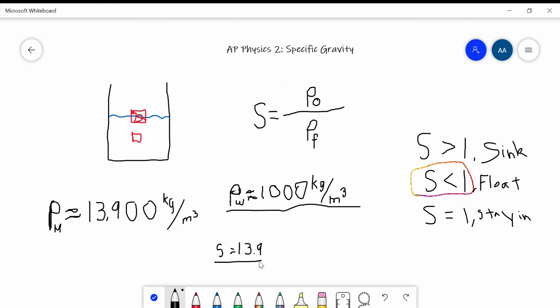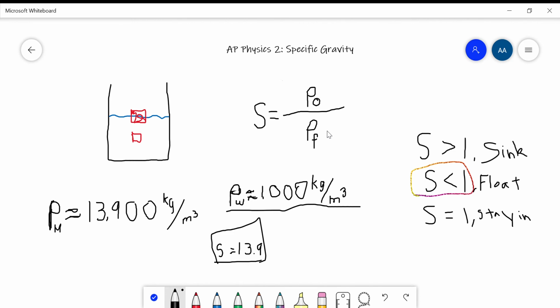When it's 13.9, we can put it in this test and we can see that it sinks, because 13.9 is greater than 1. So if you put mercury in water, it'll sink to the bottom.